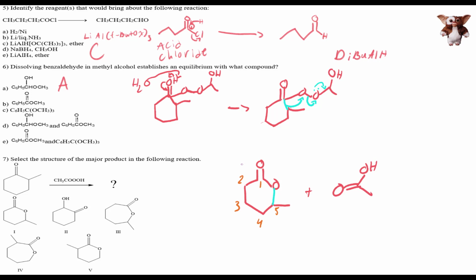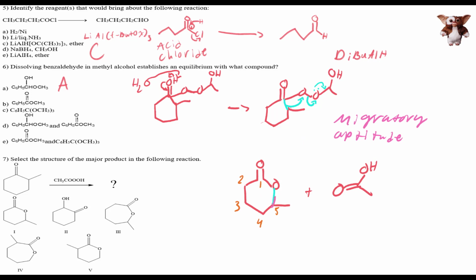But essentially, we moved an alkyl, and this is called the migratory aptitude. It's when you're moving an alkyl directly onto an oxygen.